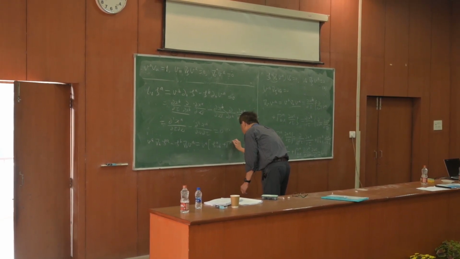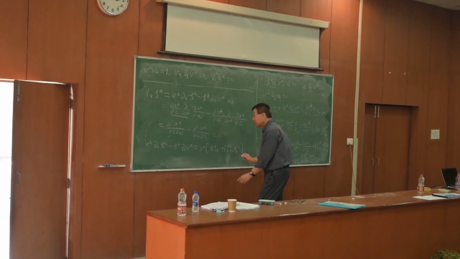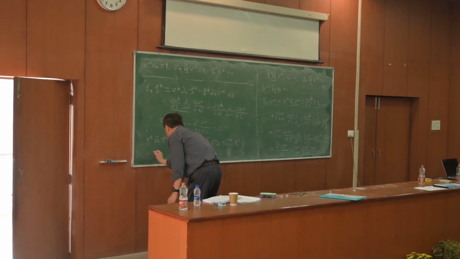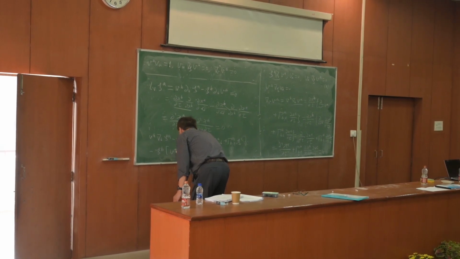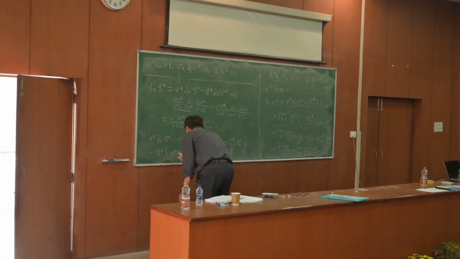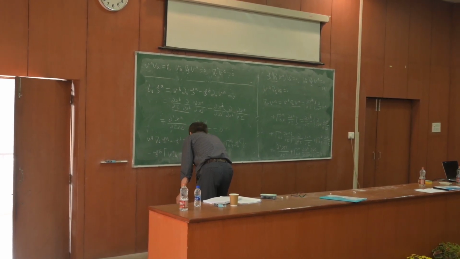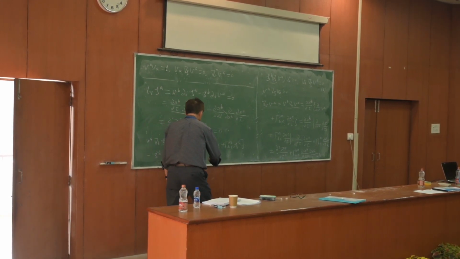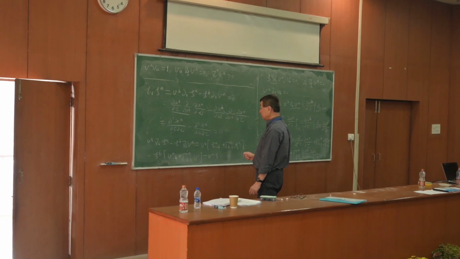Plus gamma A B C, say C. This is the first part, right? This is actually the covariant derivative minus say D with A B plus gamma A B C with C. Correct?